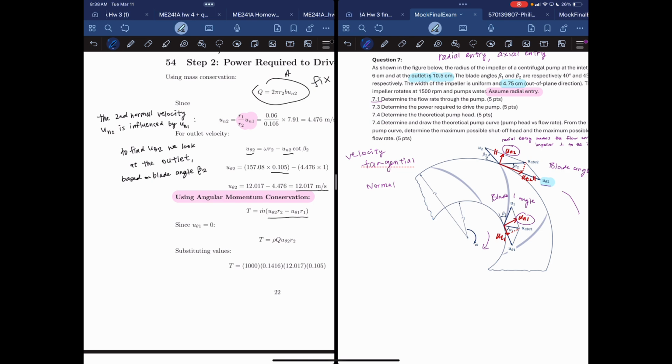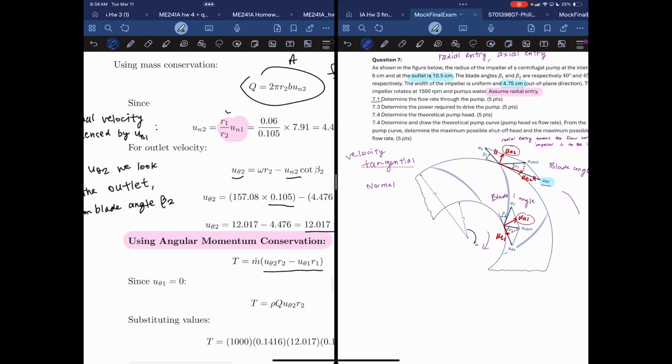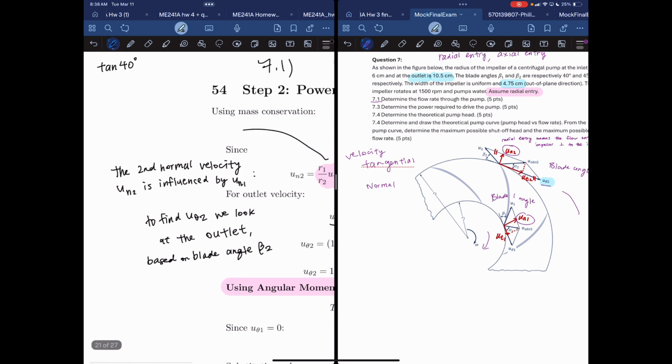And this ratio is maintained by the mass conservation. So it's all connected. Because it's all one pump, it's all connected, so that's why you interchange. Does that make sense?